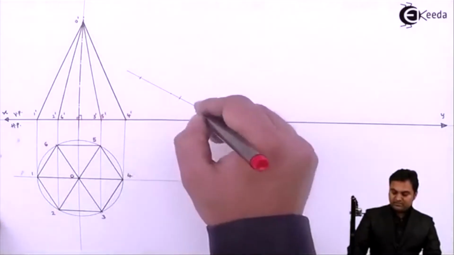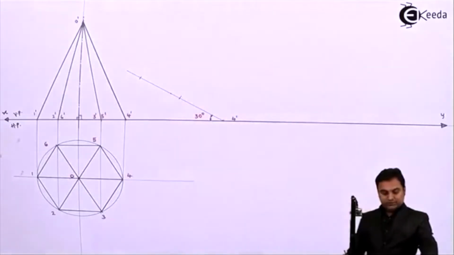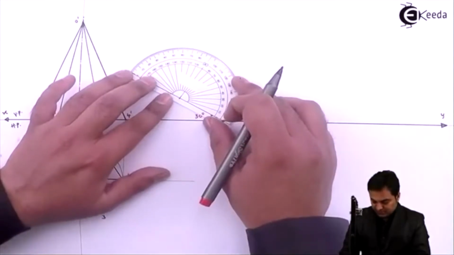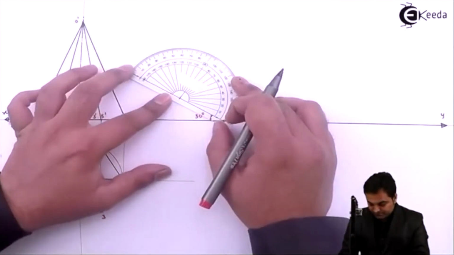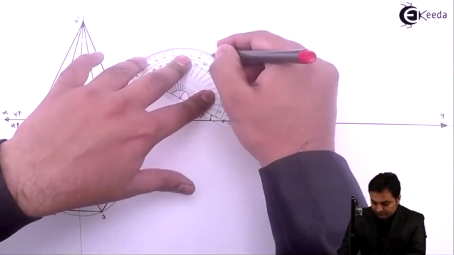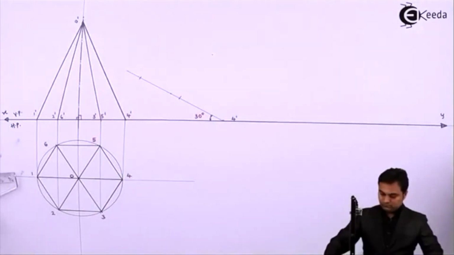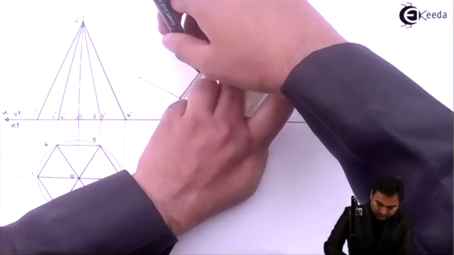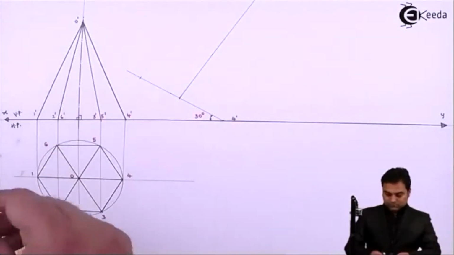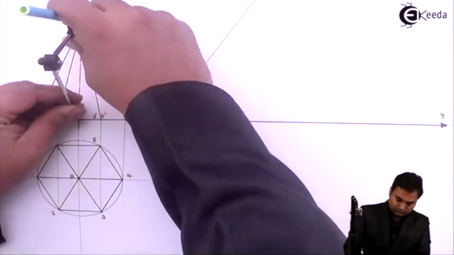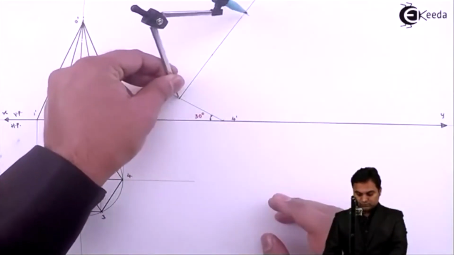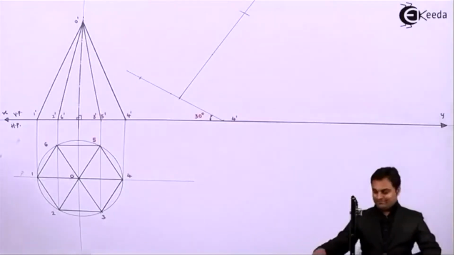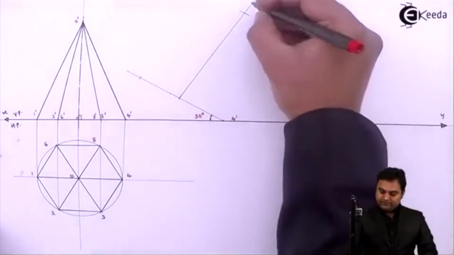So here the base is inclined, so axis will be perpendicular to this line, which is inclined line at 30 degree. Marking it over this line, here I get the point of the apex O dash.